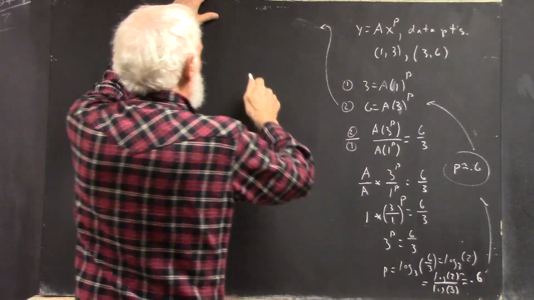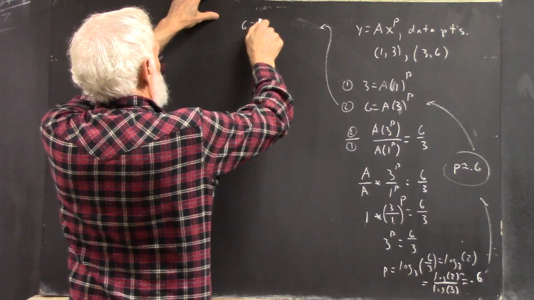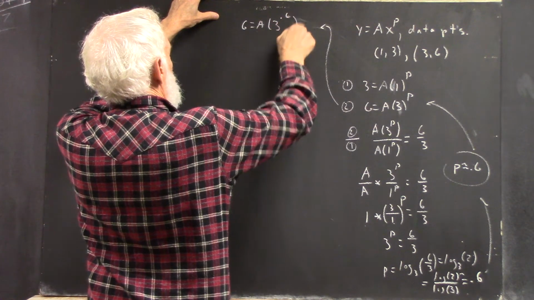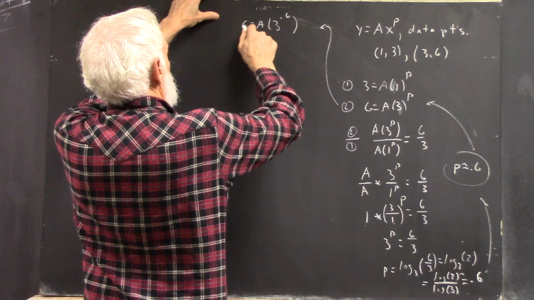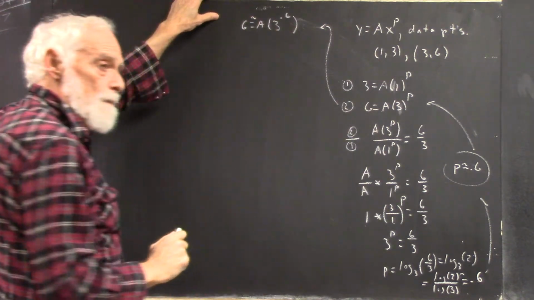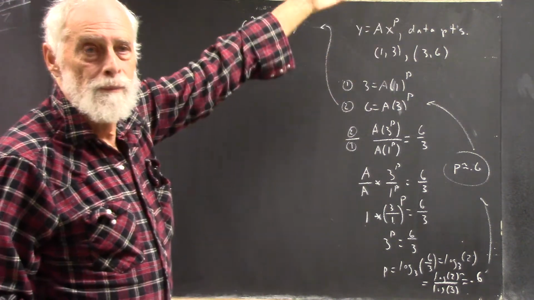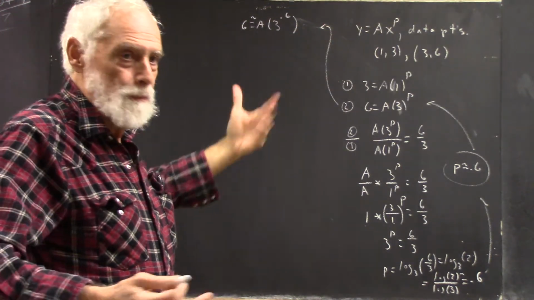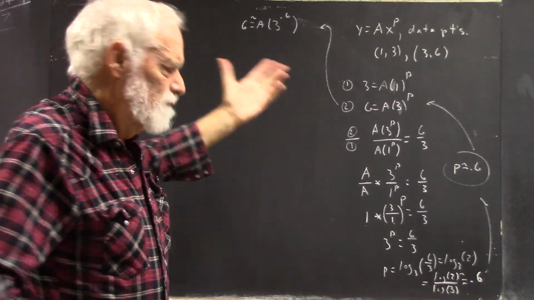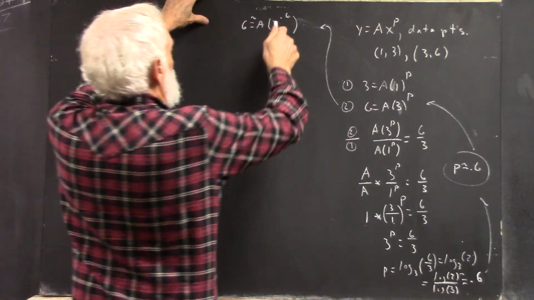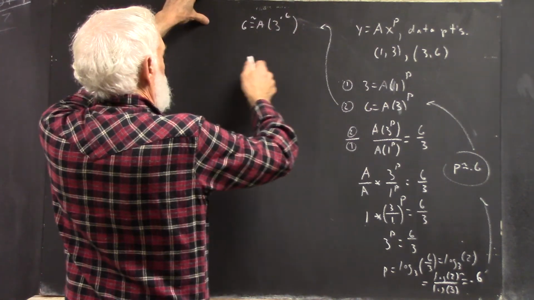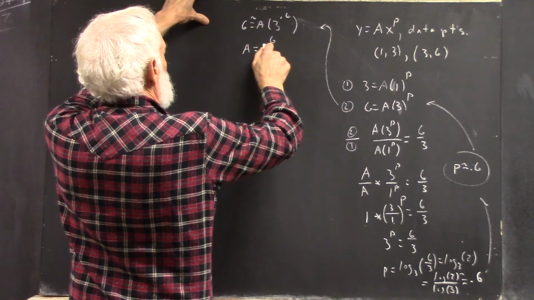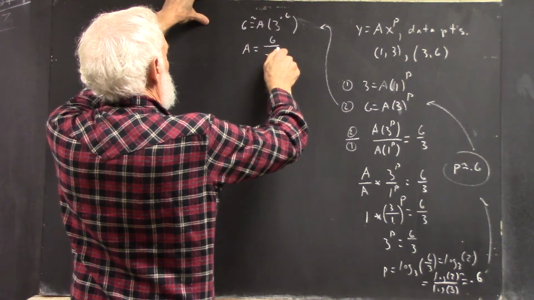So we get 6 equals a multiplied by 3 to the 0.6, approximately. With your calculator, get 3 significant figures, get it right, okay? But the calculator's easy. It's not arithmetic you can do in your head. So a equals 6 divided by 3 to the 0.6 power.